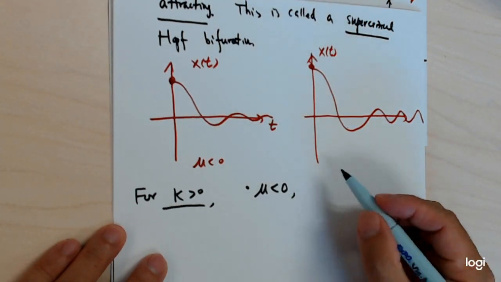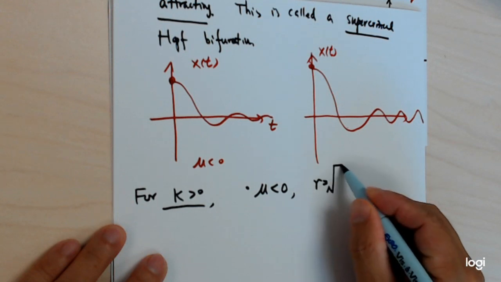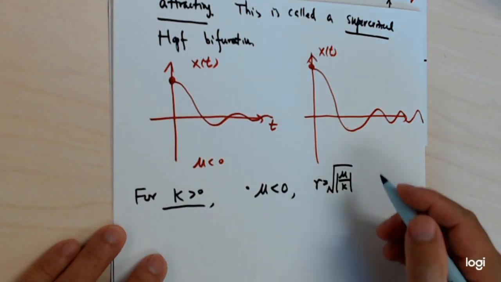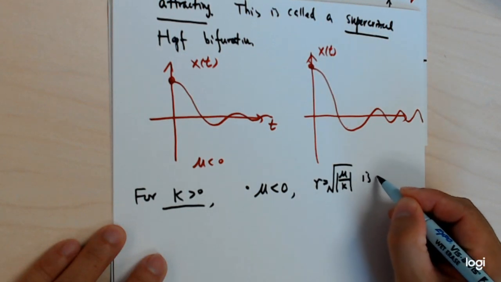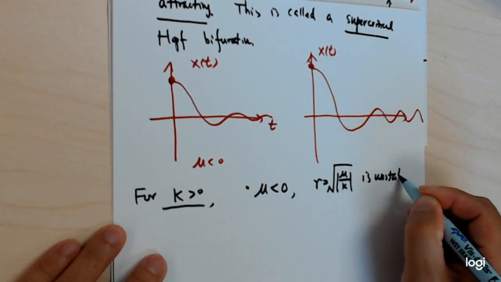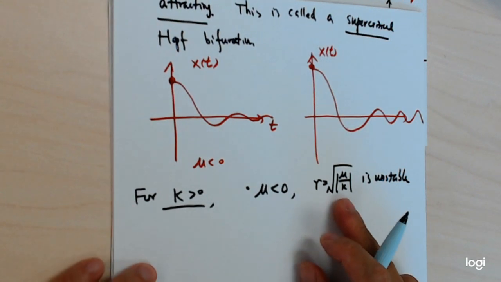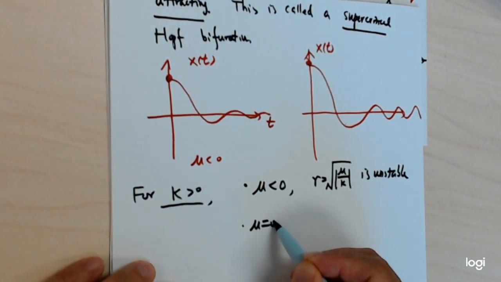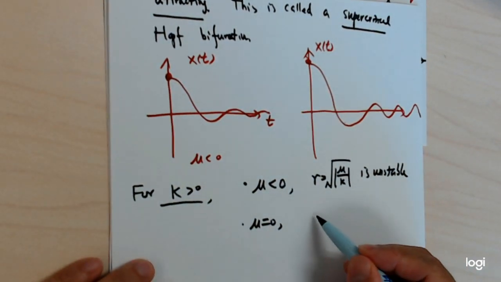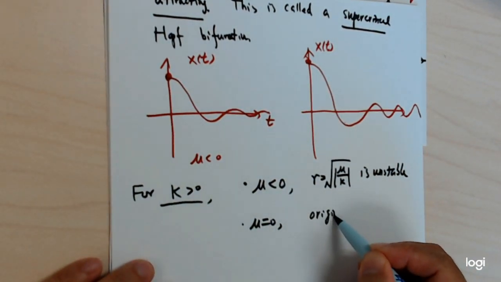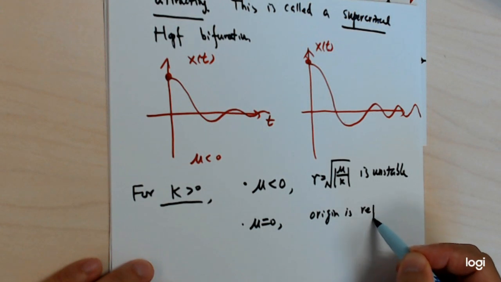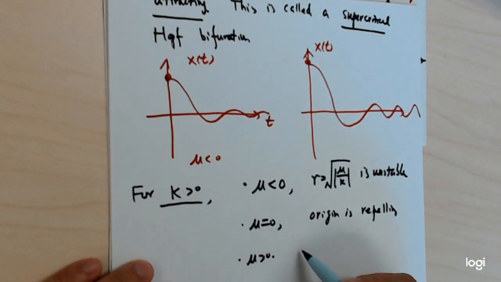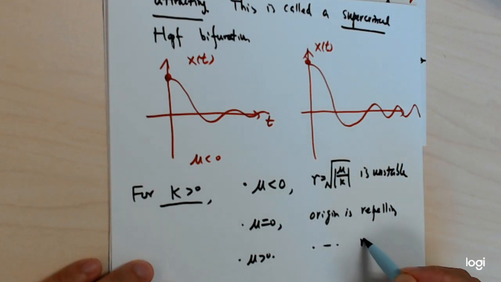Mu negative, there is this guy that is unstable. So this is actually a periodic solution, in polar coordinates. And mu is 0. The origin is repelling. Mu greater than 0, the origin is also repelling.